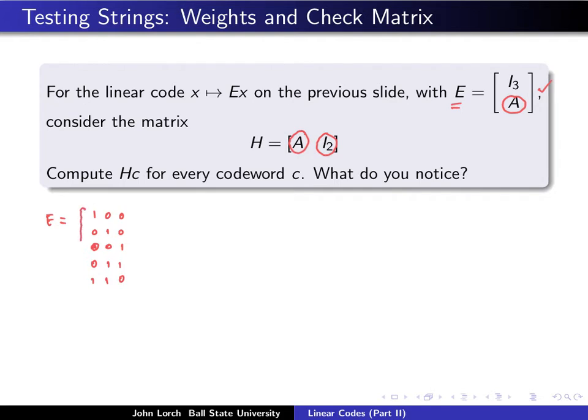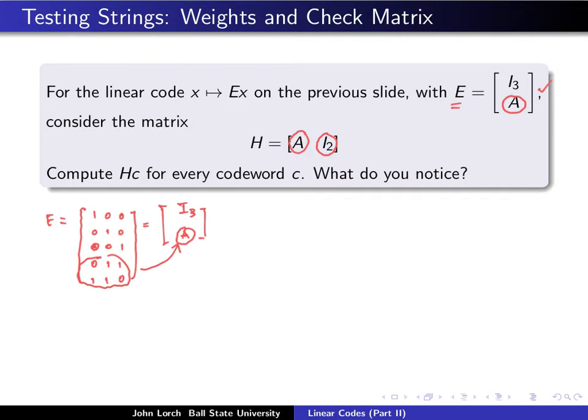And so this is E. Which is the 3 by 3 identity matrix, and then A down below, which is a 2 by 3 matrix. So this doohickey right here, that is the matrix A.